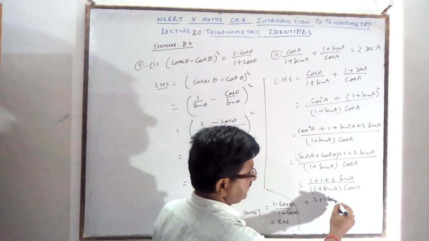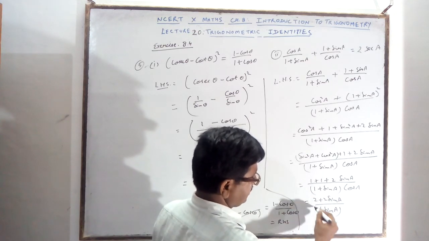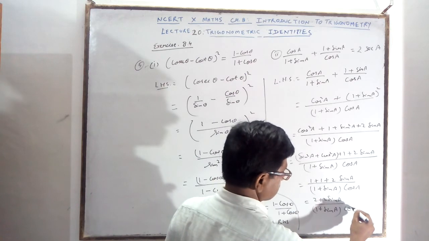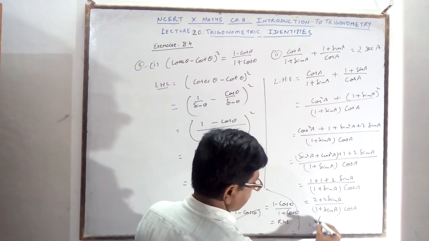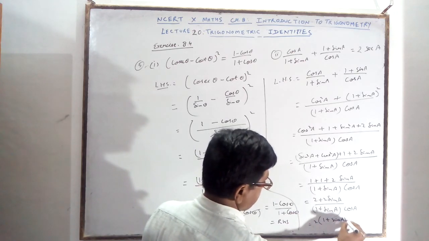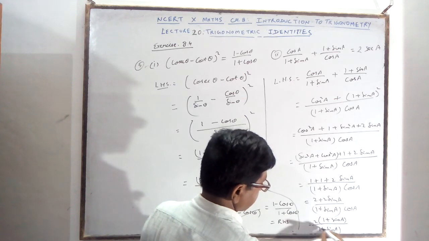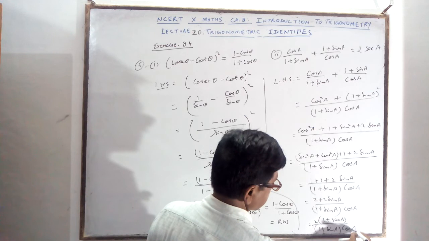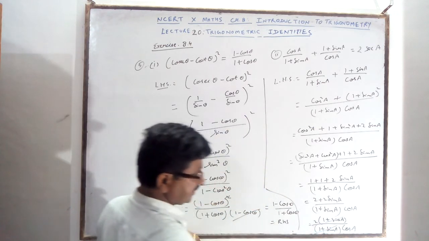So 2 plus 2 sin A in the numerator, and 1 plus sin A in one bracket and cos A in the denominator. Take 2 common in the numerator. What are you getting? 1 plus sin A upon 1 plus sin A into cos A. So the numerator's bracket and the denominator's bracket cancel.